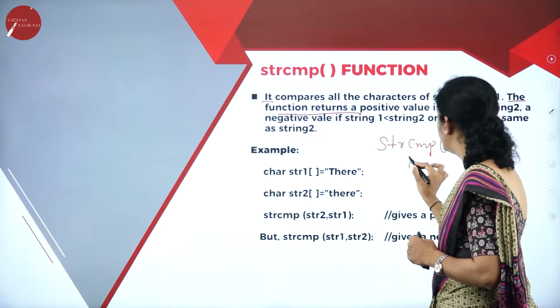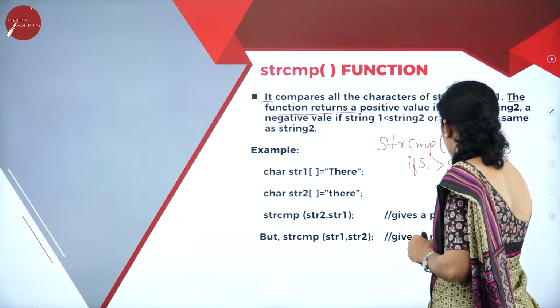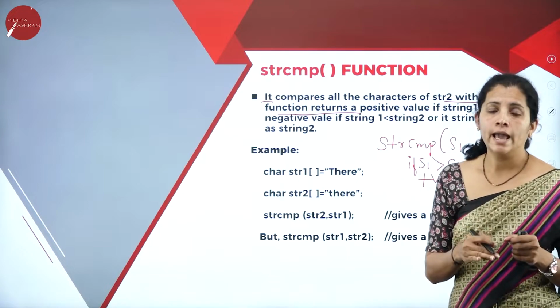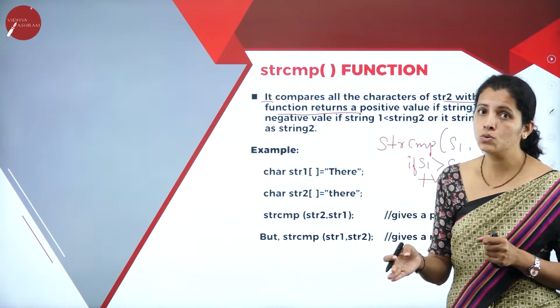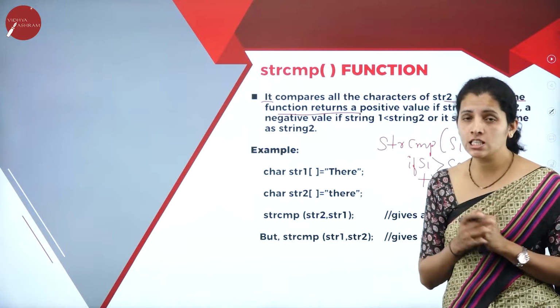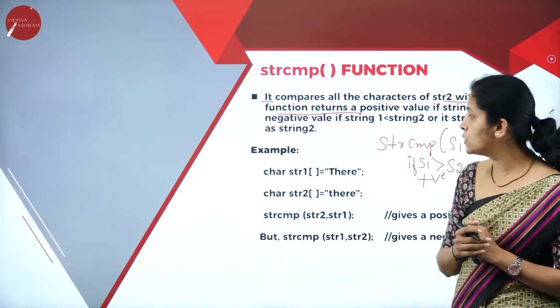If s1 is greater than s2, it returns a positive value. If s1 is less than s2, it returns a negative value. If both the strings are equal, it returns the value 0.